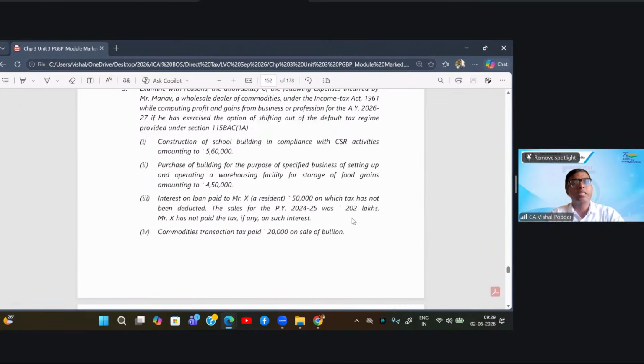You have to check the TDS provisions. Here, TDS was applicable, but you failed to deduct the TDS. Since the payment is made to a resident, how much will be disallowed? Yes, very correctly said by Dhanlakshmi. Since the payment is made to a resident, out of 50,000, we will disallow 30%. Correct, Vishakha. So it comes to 15,000 rupees. Correct.